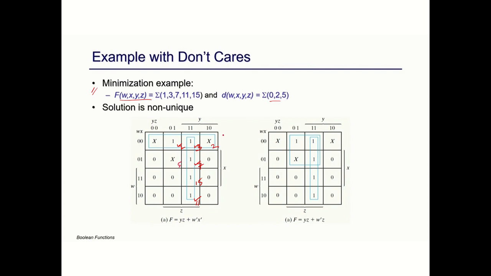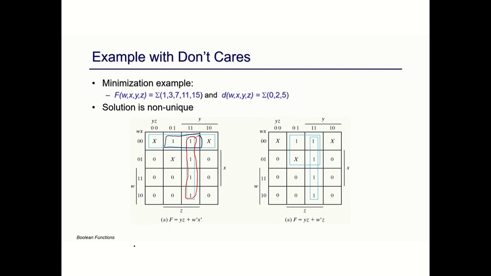So here, how can we make this grouping possible? What we have learned from digital electronics is that maximum covering or maximum grouping is preferred, with the most preference given to 8 adjacent cells over 4. If we forget about the don't cares, we can make one group this way, and a group of this one, fine.